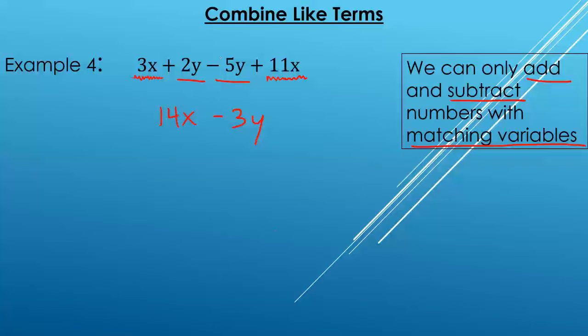Remember what I said last time? There's a battle going on between the 2 and the 5. Different signs, so that's why it's a struggle. Who's bigger? Well, the 5 is bigger, so there's going to be leftover negative because the 5 was negative, right? So that's how I know this is going to be negative 3y. I can't do any more back to our answer because x and y are not like terms. So we're done.